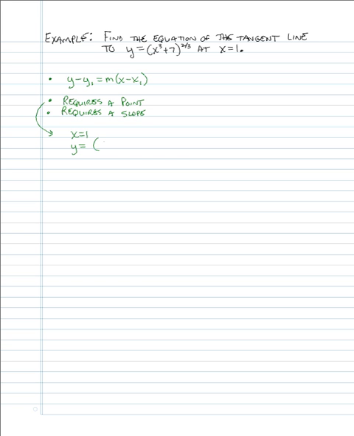So y will be equal to, instead of x cubed, 1 cubed plus 7. And that's to the power 2/3. Now, of course, we know 1 cubed is 1, and so we really have y is equal to 8 to the power 2/3.